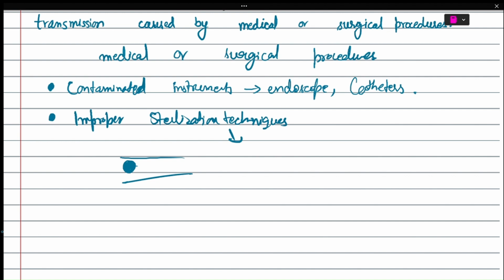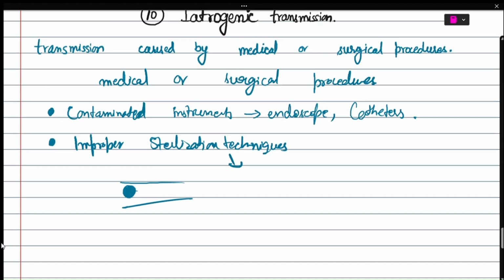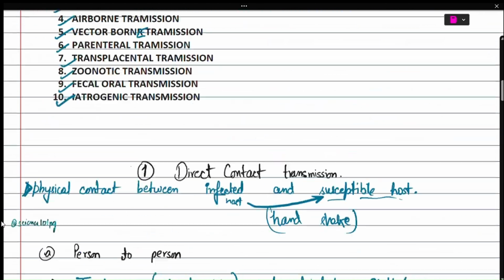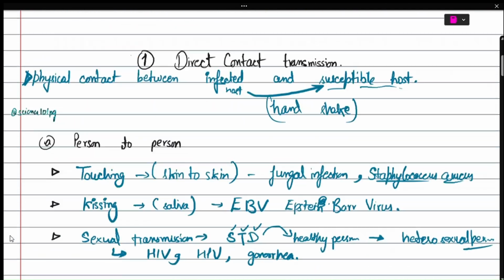Similar techniques are used in the medical field. If these sterilization techniques are improper, then pathogens can enter the normal host and cause infection once again. Now these are all the routes of transmission of pathogens.